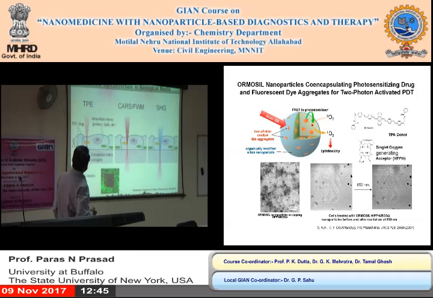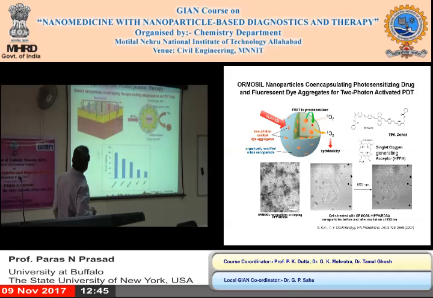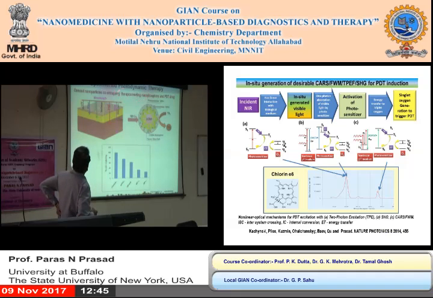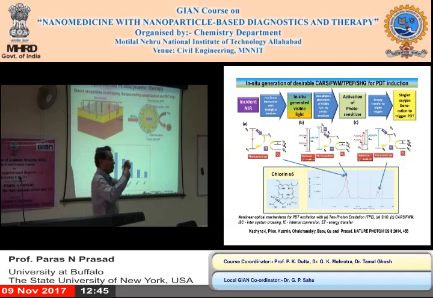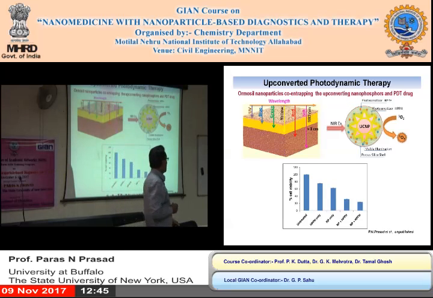Let's skip this one. This is too specialized. This is upconverted photodynamic therapy. So rather than doing direct two-photon absorption in the eyes, we can have these nanoparticles that take near IR light and convert it on the side to green light, and the green light can be absorbed by the photosensitizer, which goes to the excited state, then triplet, and then this.